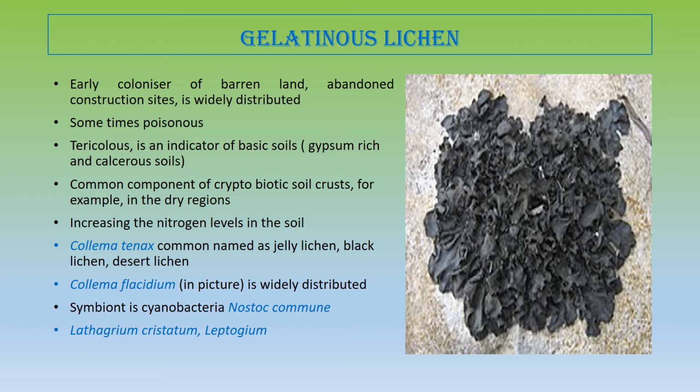Now what is cryptobiotic soil? Actually, cryptobiosis, or anabiosis, is a process in which the metabolic state is altered, from a slowing down of metabolism to high metabolism, depending upon the external climatic condition.